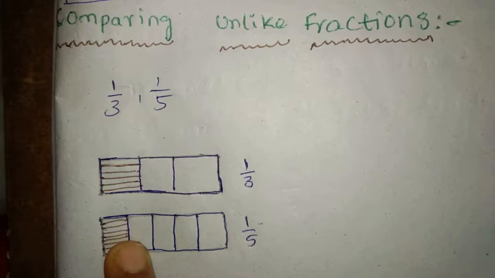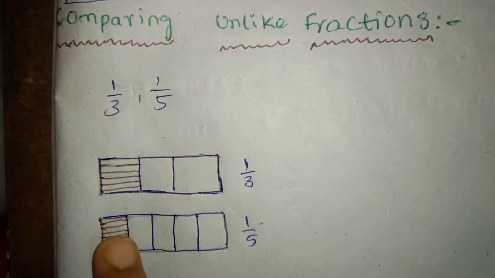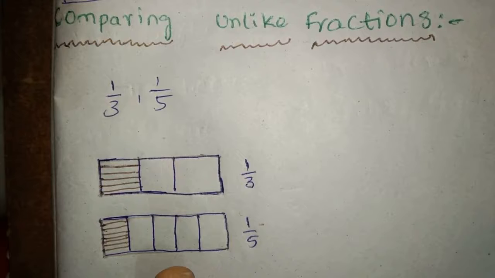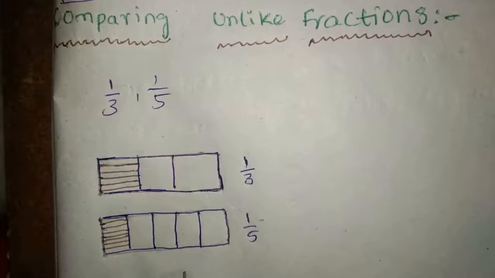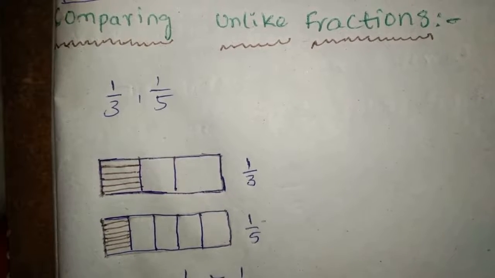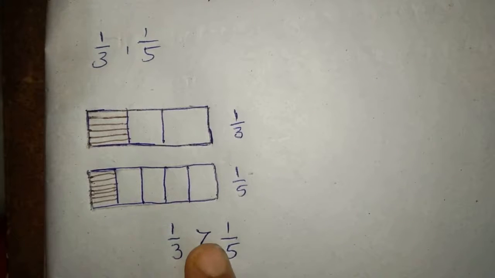So the shaded part in the first rectangle is larger than in the second rectangle. That is, 1 by 3 is greater than 1 by 5.